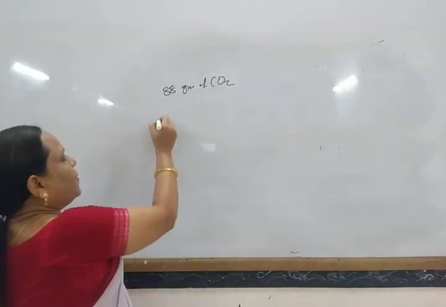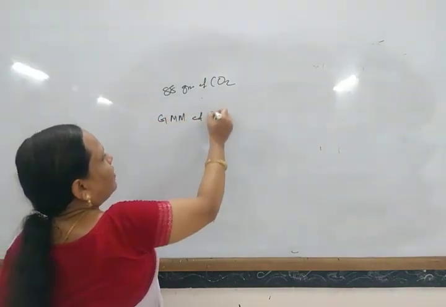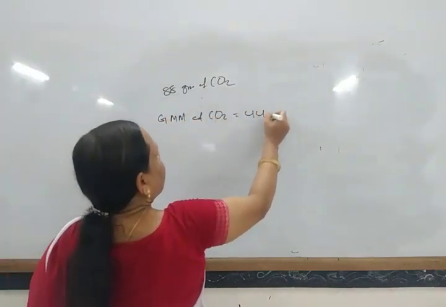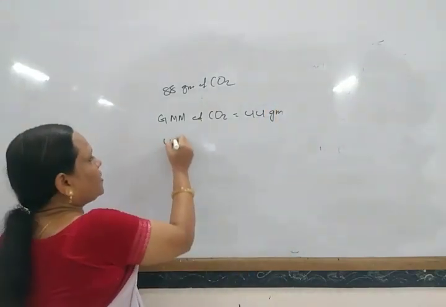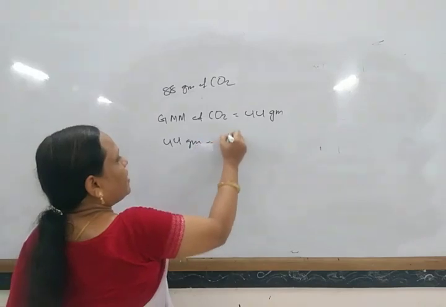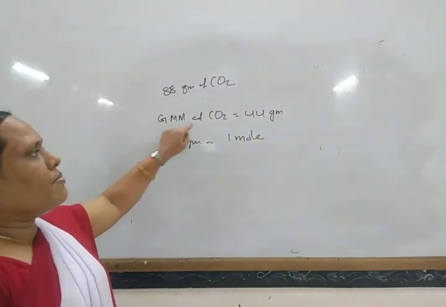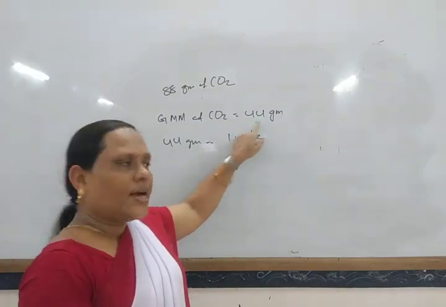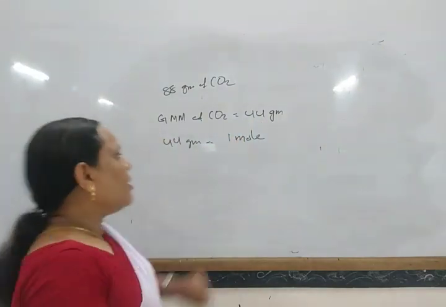We know the gram molecular mass of carbon dioxide is 44 gram. So 44 gram equals 1 mole.